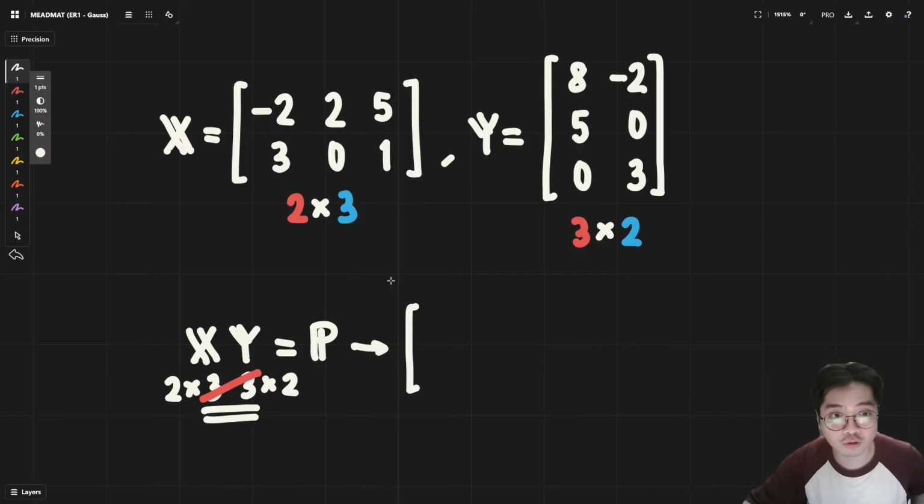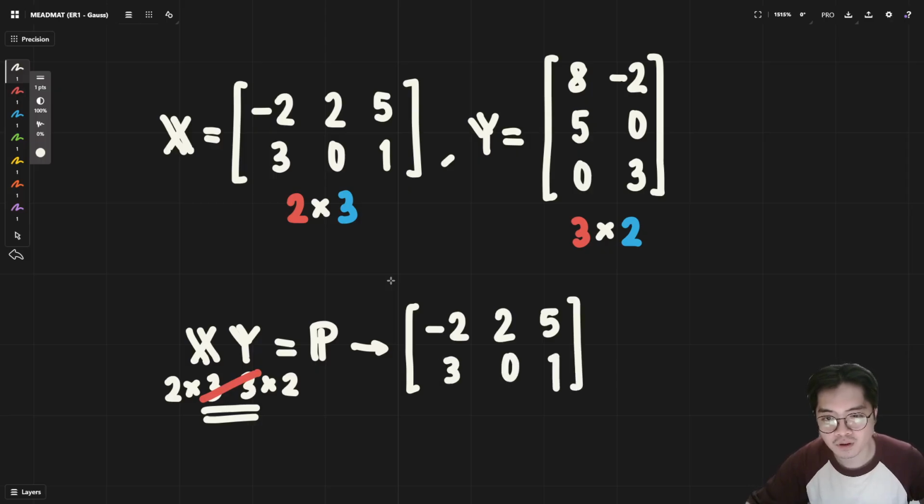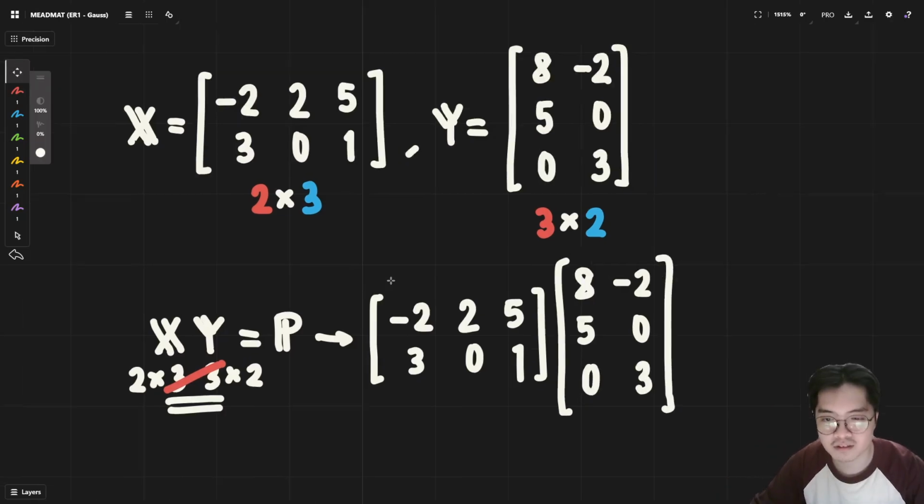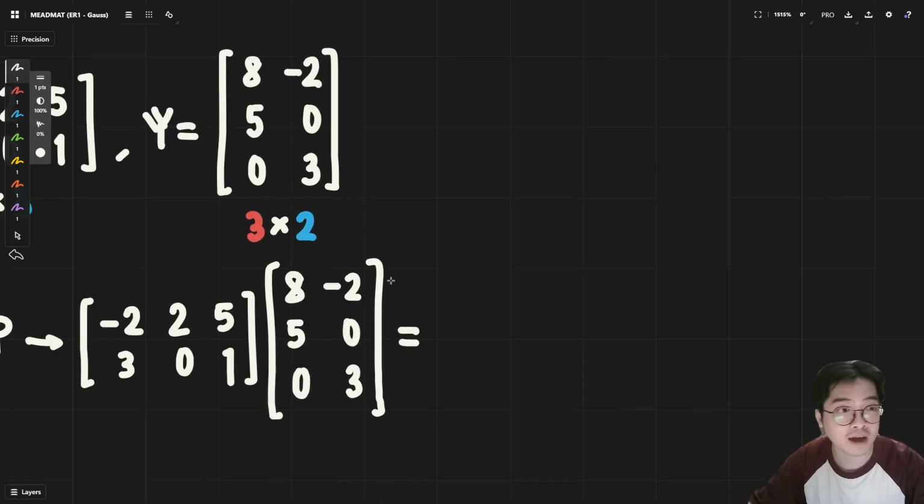We have -2, 2, and 5, and then 3, 0, and 1. On the other hand, we will have 8, -2, 5, 0, 0, 3. Now, we expect that this thing is 2 by 2. So let's lay the groundwork. This is now your 2 by 2 matrix.